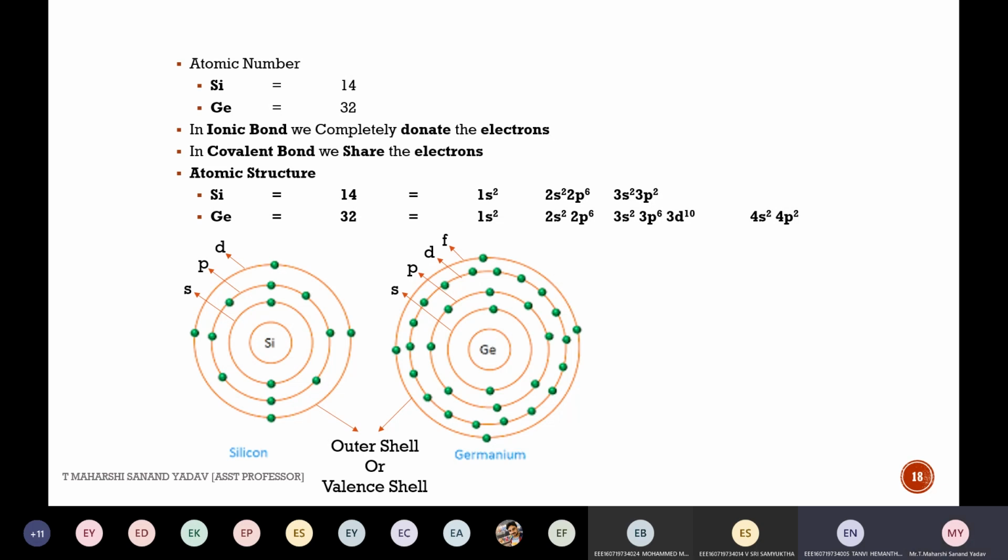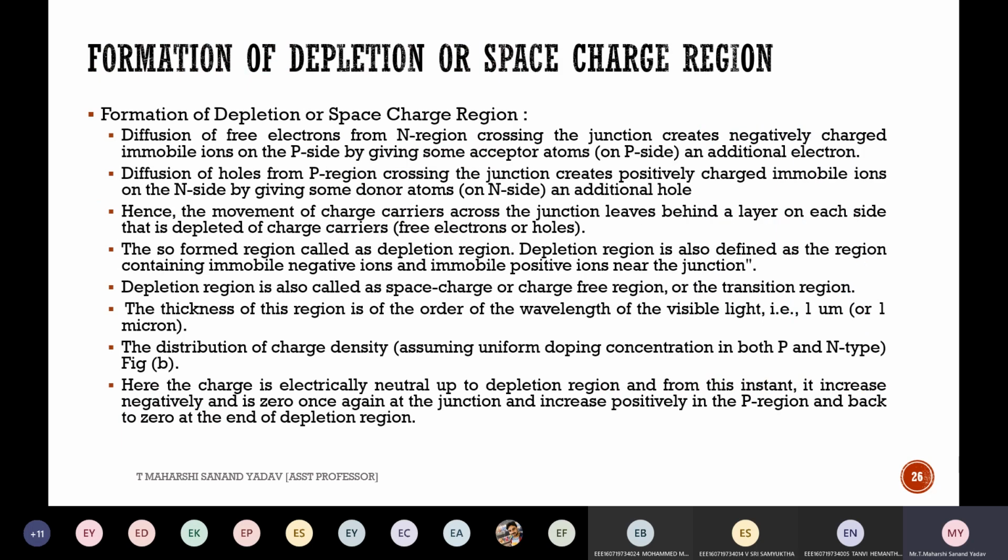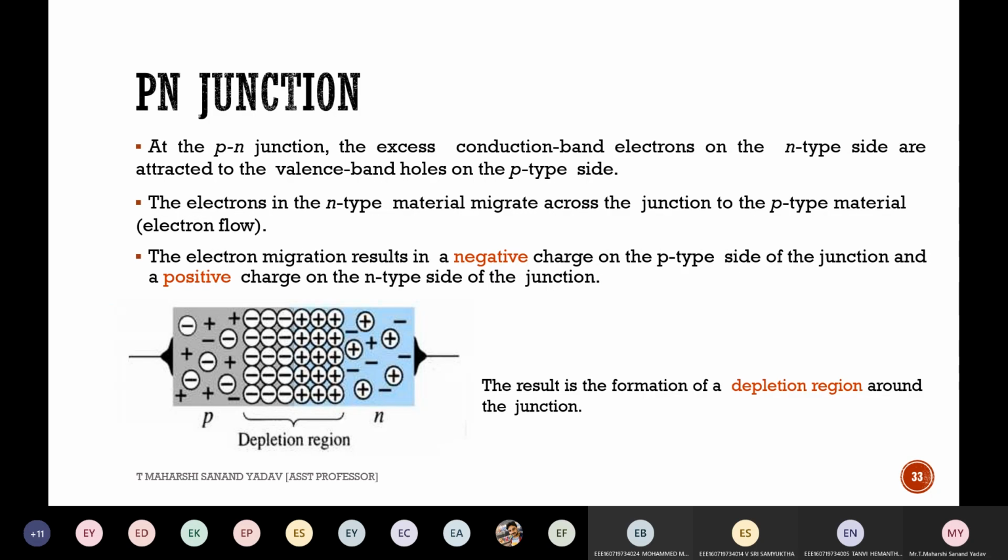Difference between semiconductor and conductor. And what is bipolar and what is unipolar? Yes, difference between semiconductor and conductor.